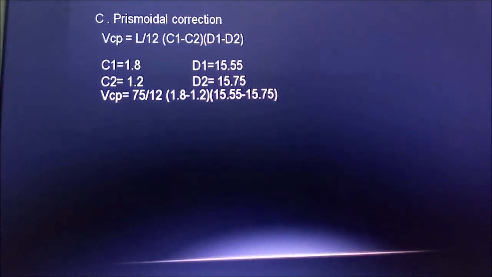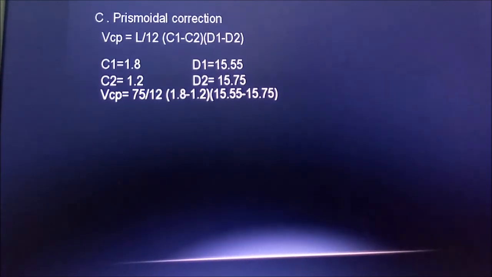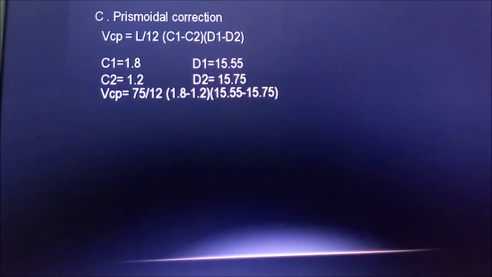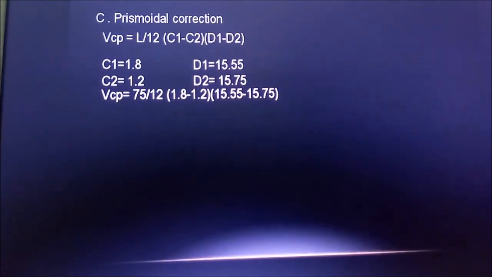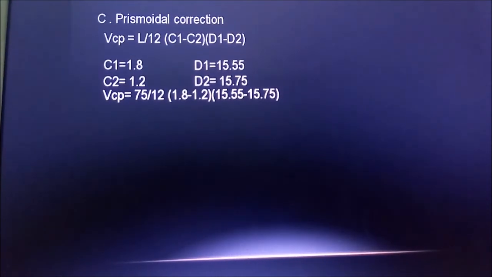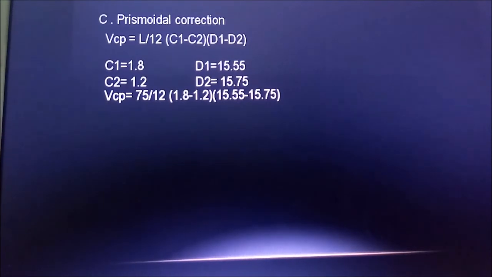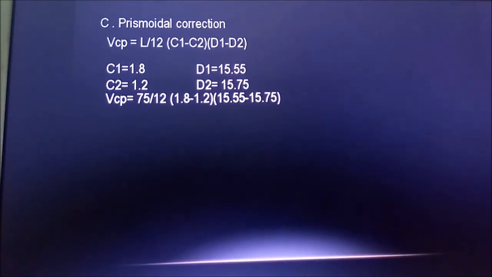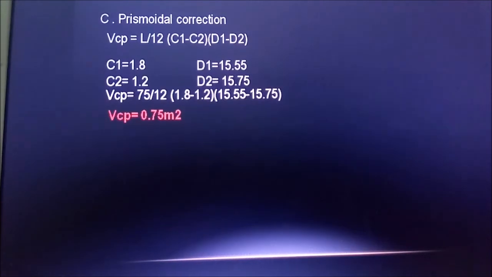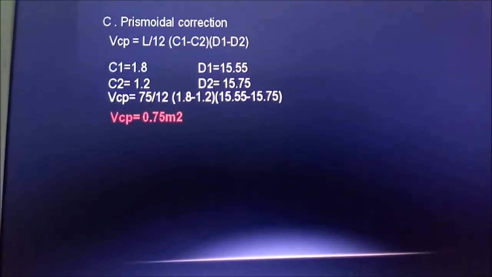The prismoidal correction is equal to 75 over 12 times 1.8 minus 1.2 times 15.55 minus 15.75. The answer is 0.75 cubic meters.